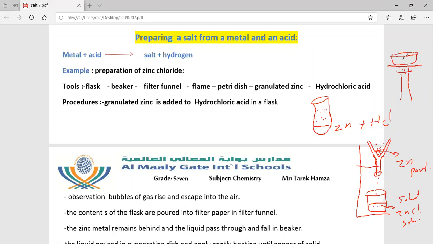Put the solution here and apply the flame. When the solution has completely evaporated, there is a solid particle found in the dish. This solid particle is called zinc chloride.